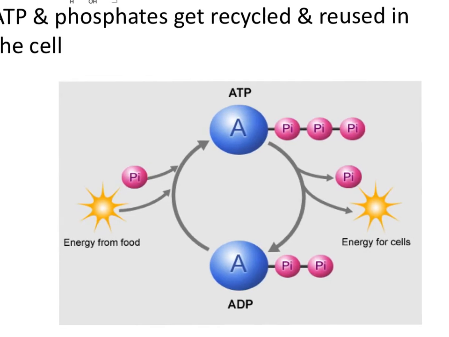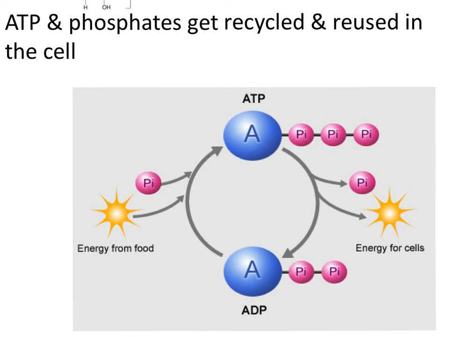Here we have a molecule of ATP that contains three phosphates. When the cell is consuming a large amount of sugar, the amount of ATP in the cell will drastically go up because the cell is getting a lot of energy from all that sugar, so it's making a lot of ATP.